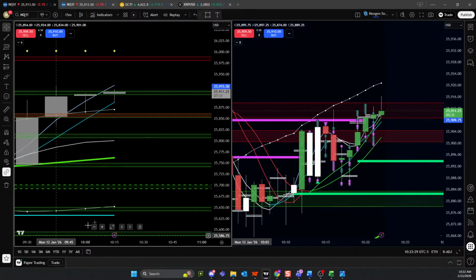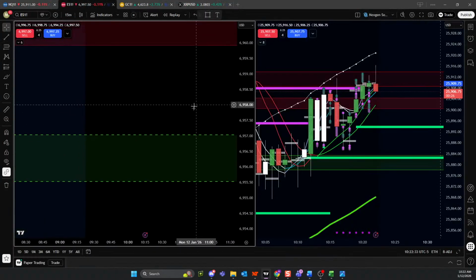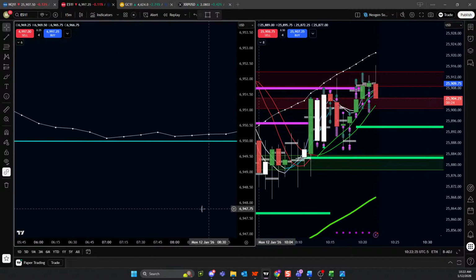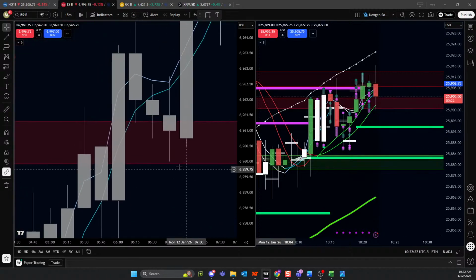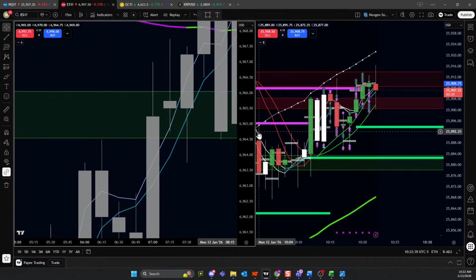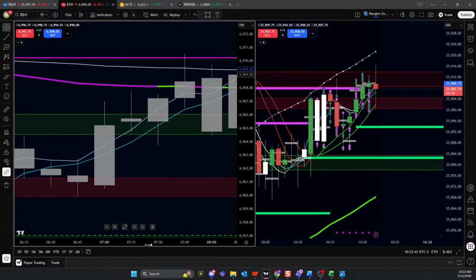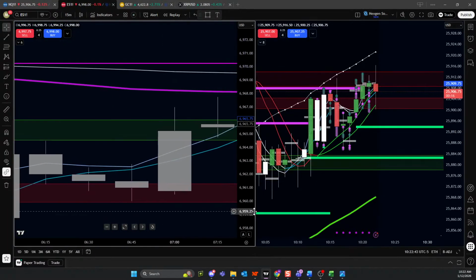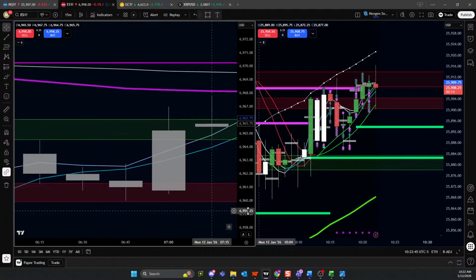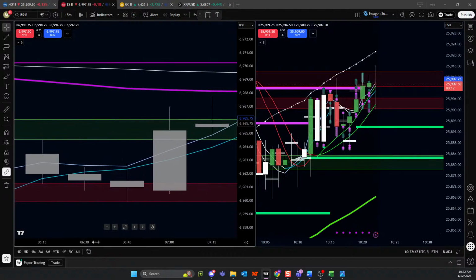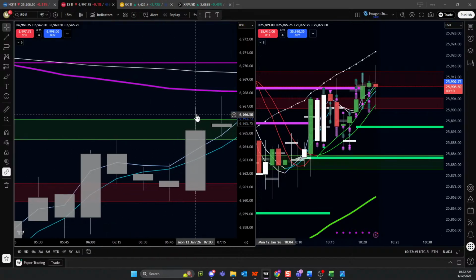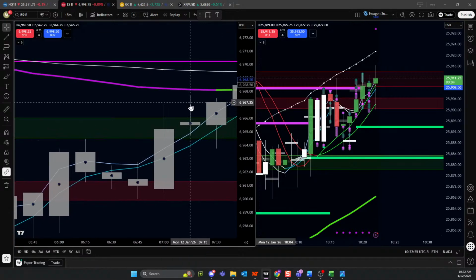And then Trina, can I address the tails? Let me see if I can find a good example on tails. So you'll see tails, especially on a 15-minute. What does the tail mean? The tail means that they tried and failed.